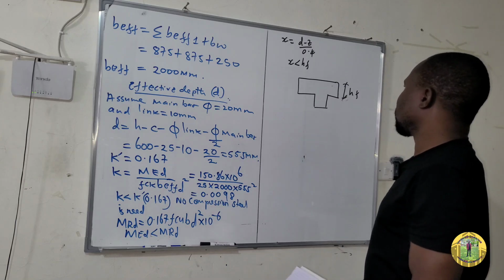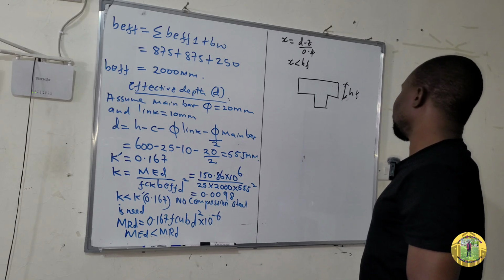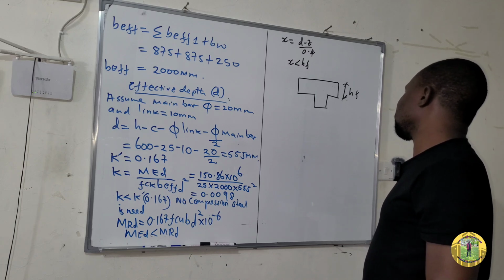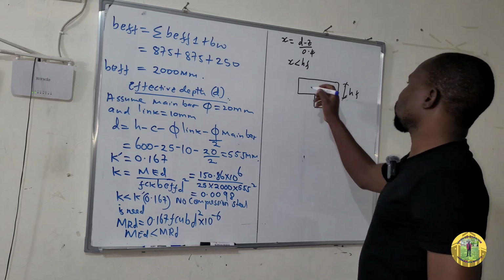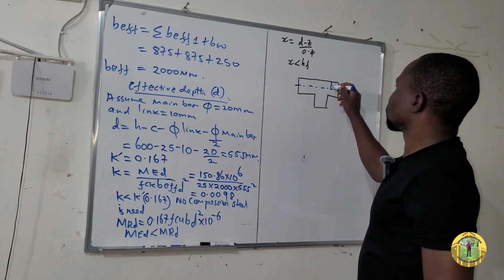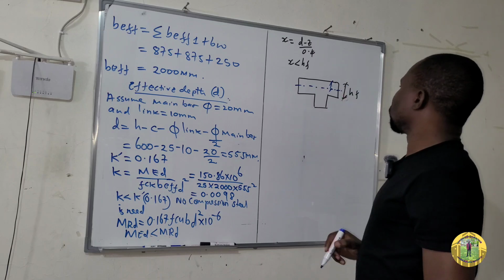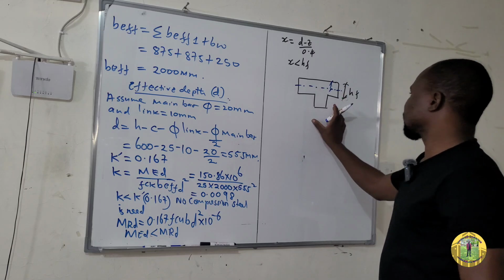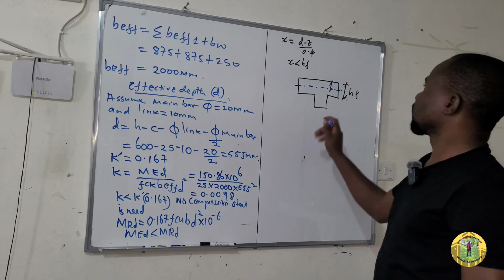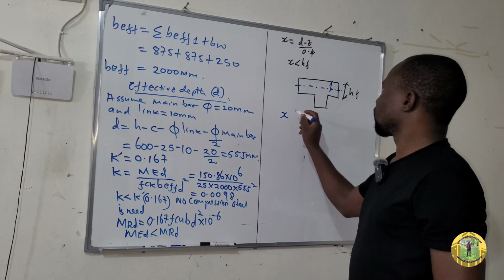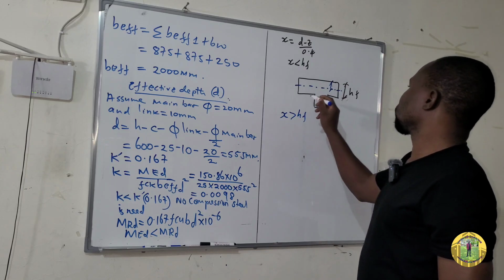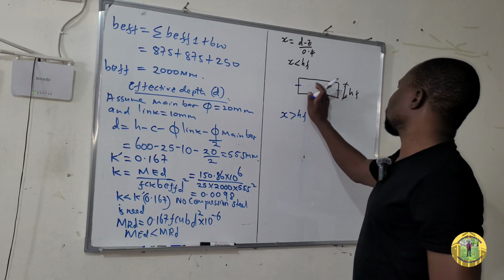So it means the neutral axis is in the slab, like that. So we will design this as a rectangular beam. But if X is greater than HF, it means the neutral axis now changes.